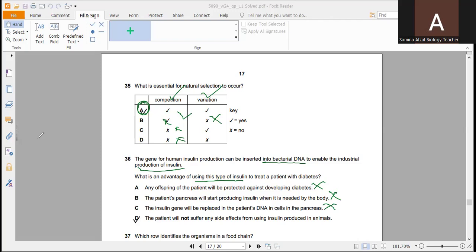The patient will not suffer any side effects from using insulin produced in bacteria. Yes, this is the correct option, because this is the advantage of using this type of insulin to treat a patient with diabetes. So D is the correct option.